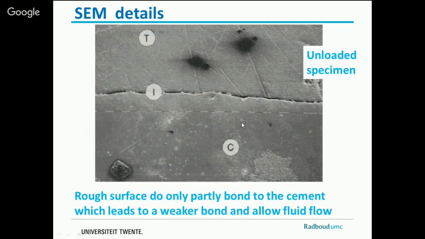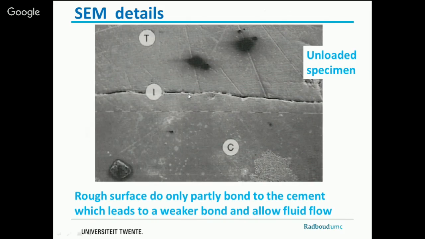In fact, when we looked at our specimens, so this is a cement, this is the taper, and this is a rough taper. This is an unloaded specimen. So this is nicely glued together, cemented, but you can already see that there is space between the cement and the taper. So even in the unloaded situation, you could have almost transport of fluid.